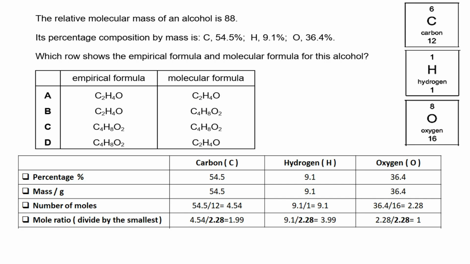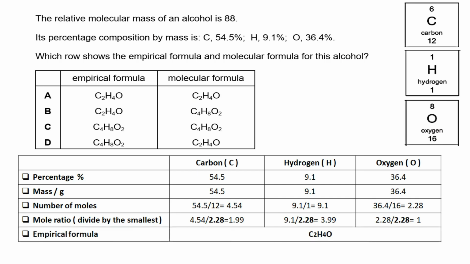For carbon, we obtain 2. For hydrogen, 4. For oxygen, 1. So the empirical formula for this compound equal C2H4O. Okay, so the answer A. The empirical is the same like molecular formula for this alcohol.